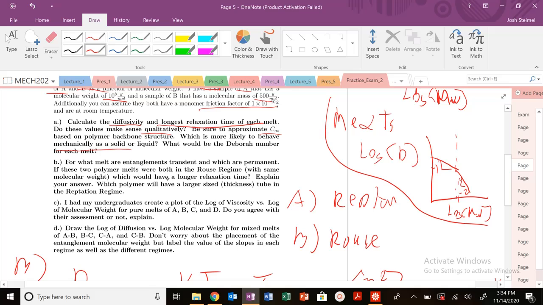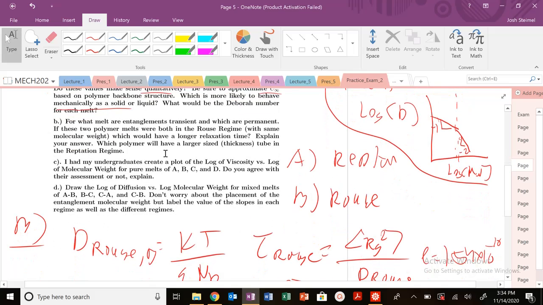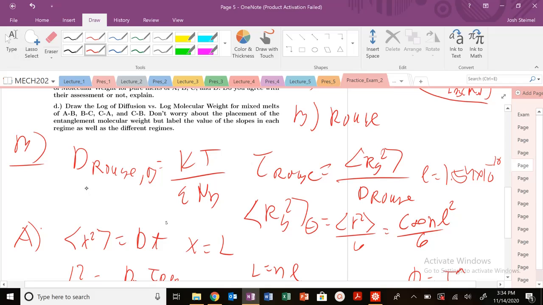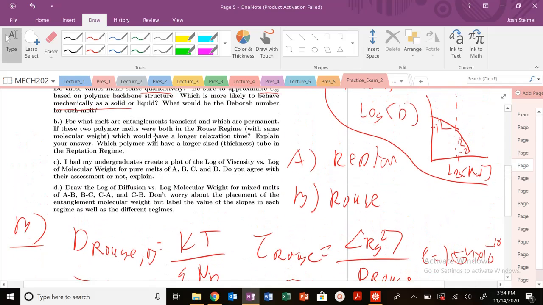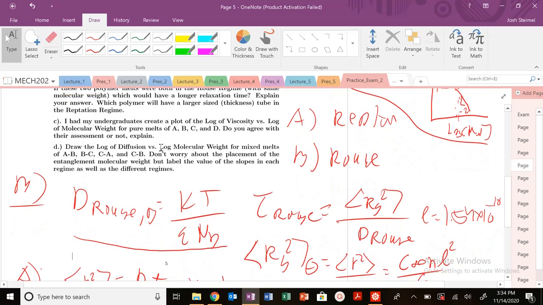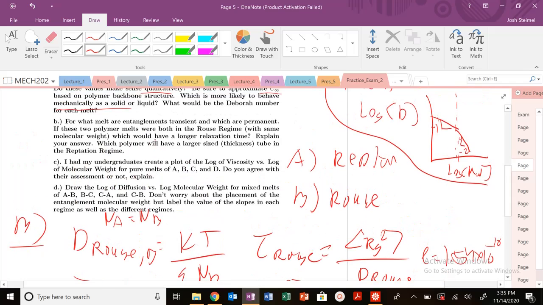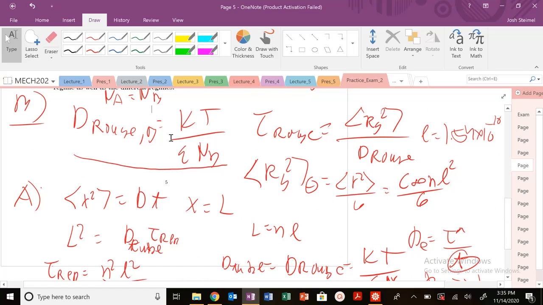Explain your answer. All right, so if these two polymers were both in the Rouse regime, we know the diffusion of the Rouse chain. Let's say, for argument's sake, that Na equals Nb. What would have the longer relaxation time? Well, we know that the tau Rouse is going to be related to our D Rouse over Rg squared.